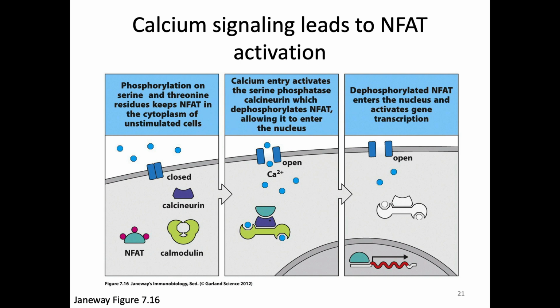When calcineurin is active, it pulls all the phosphates off NFAT, and now NFAT is allowed into the nucleus to do transcription. NFAT was actually named nuclear factor of activated T cells because it's a transcription factor in T cell activation. And it is the second of our transcription factors we had to get to.